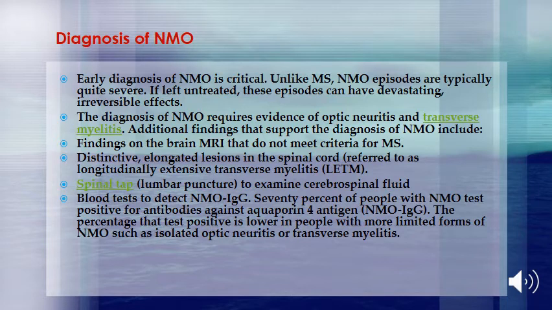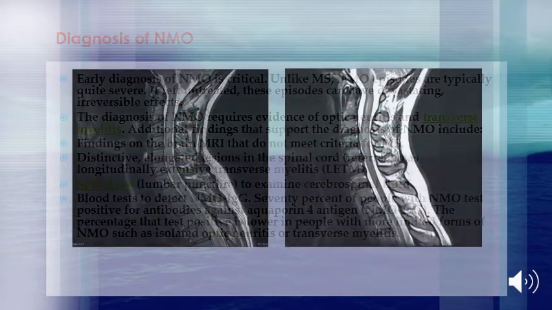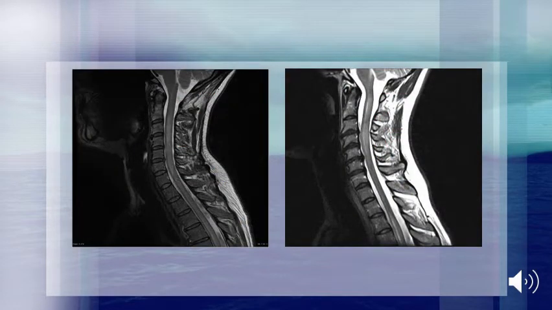Blood tests for NMO antibodies, like aquaporin 4 antibody and anti-MOG antibody, are also supportive of the diagnosis. This slide shows neuromyelitis optica affecting the spinal cord, and you see in this picture the elongated extensive lesion which involves more than two segments of the spinal cord.